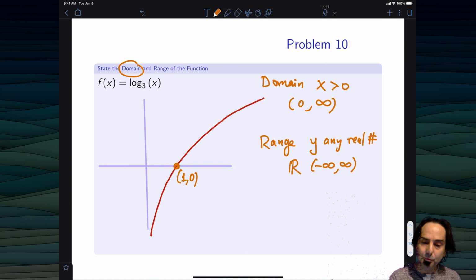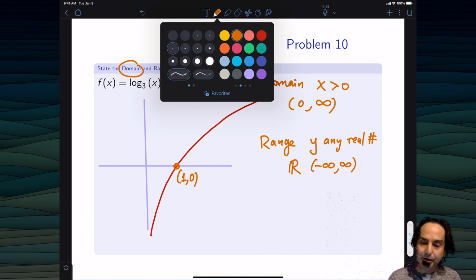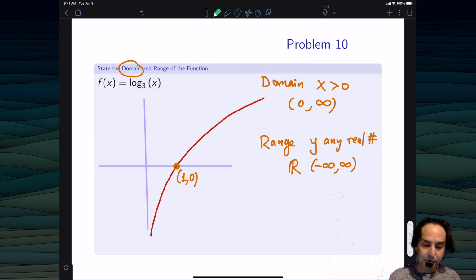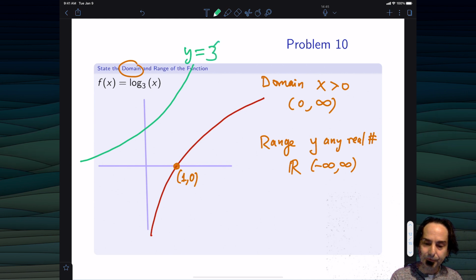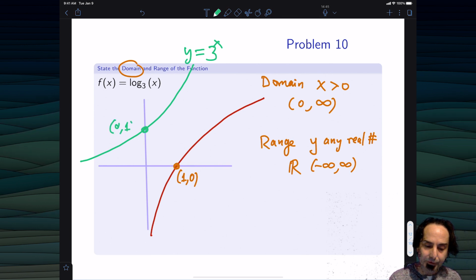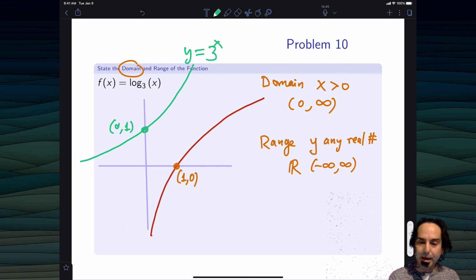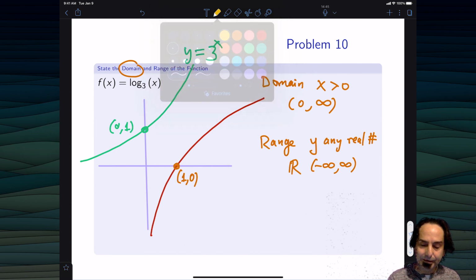So I just want to show one more thing here, that this logarithm function is related to an exponential function. Here's y equals 3 to the x. And here is the y-intercept, 0, 1, because 3 to the 0 equals 1. And these are really identical.